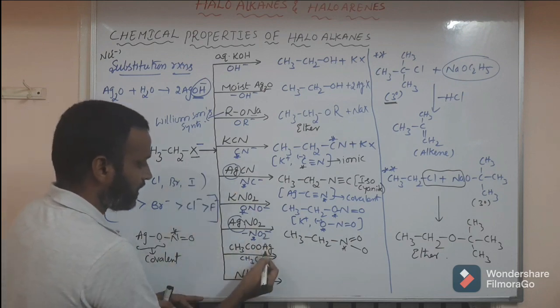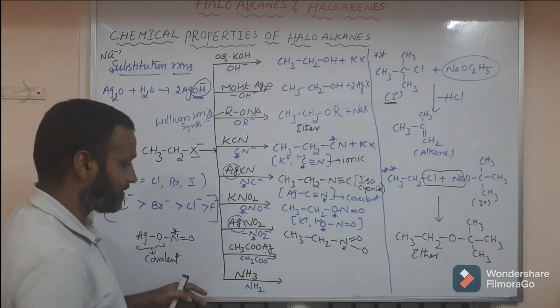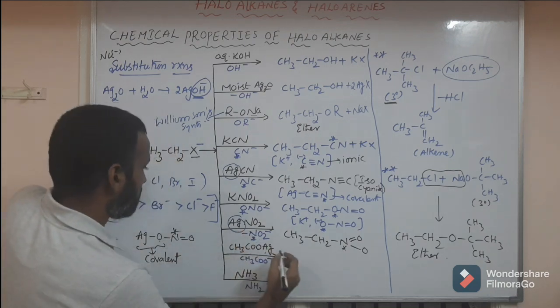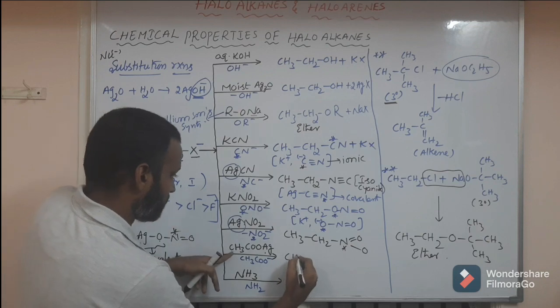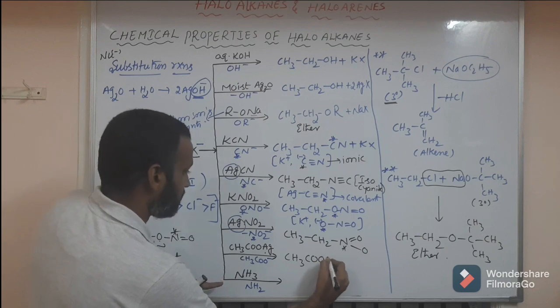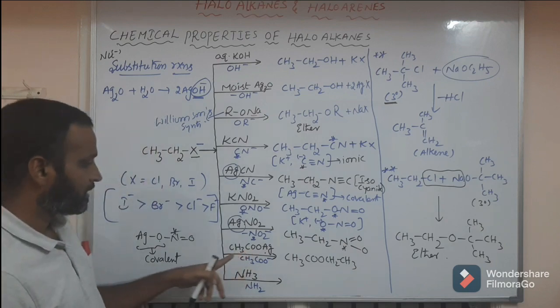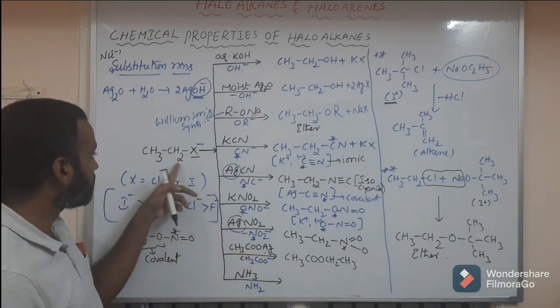Here X will go and silver will go. With the silver carboxylate, ester will form. What is ester formation? First you can write CH3COO and CH2CH3. It is an ester. CH3–C double bond O–CH2CH3.